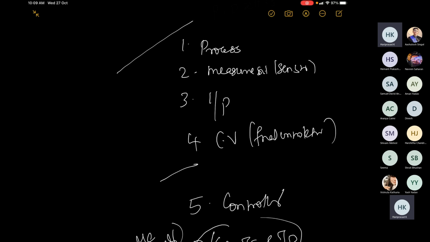Process you cannot change because it's already there. Sensor you bought, there is nothing that can be done on the sensor. It just measures something. I2P just obeys what the controller says. Control valve just opens as I2P says. The only place where you can do some fine tuning or hands-on work is the controller.